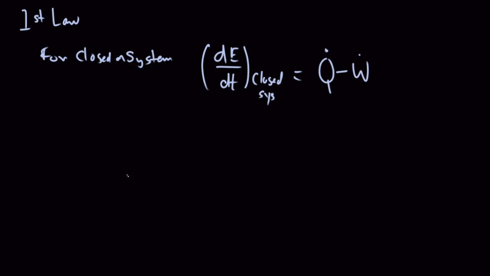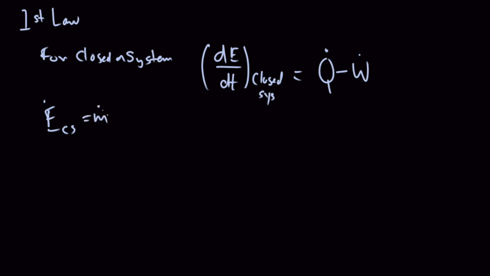So we need to include the flow work plus the mass now for open systems, which has energy, right? Because the mass crosses the control surface and carries with it a certain amount of energy. We're going to call that E dot CS, the energy rate that crosses the control surface, which is the total energy.